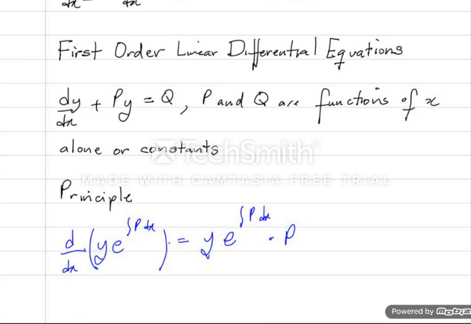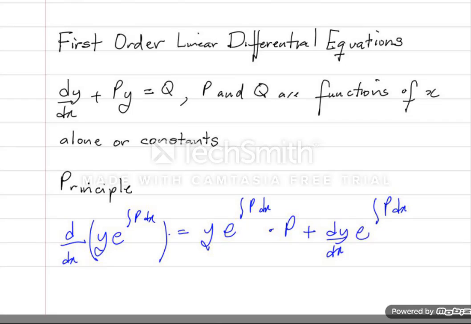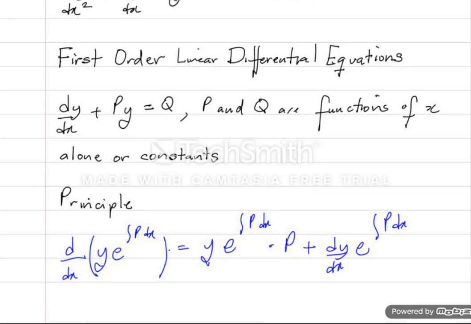So that is: leave the first, differentiate the second, plus, differentiate the first, so that will be dy by dx, leave the second, e to the integral of p dx. Now, let's factor out e to the integral of p dx.